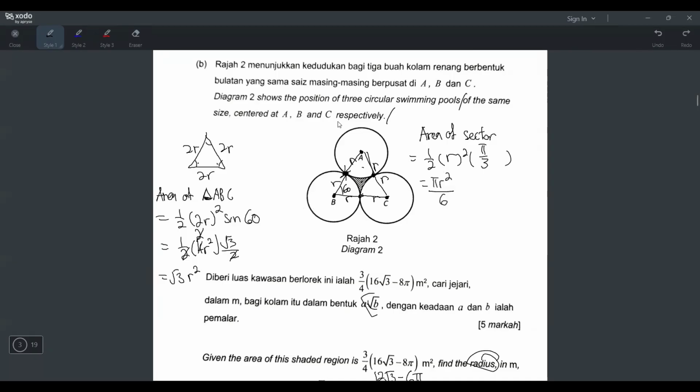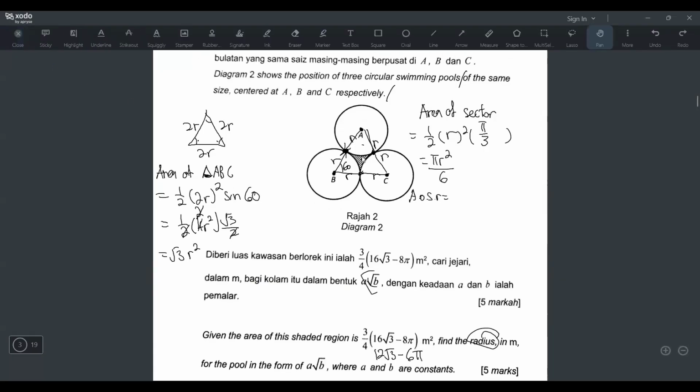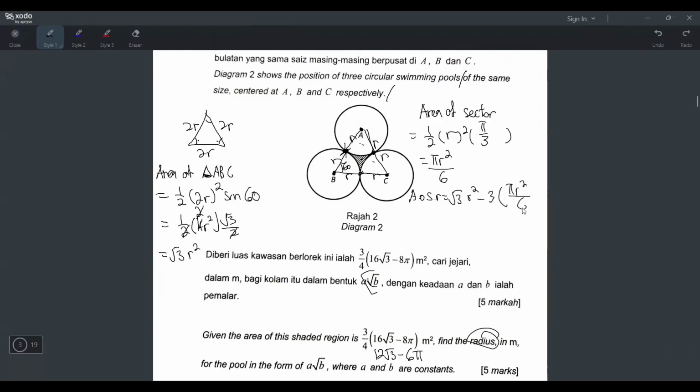Now we can try to find the area of the shaded region. I know they give us the area of the shaded region already, but I want to do it myself, and then I can compare my answer with the answer they give. So first take the area of the triangle, which is square root 3 r square, and then minus 3 sectors, so 3 times pi r square over 6.